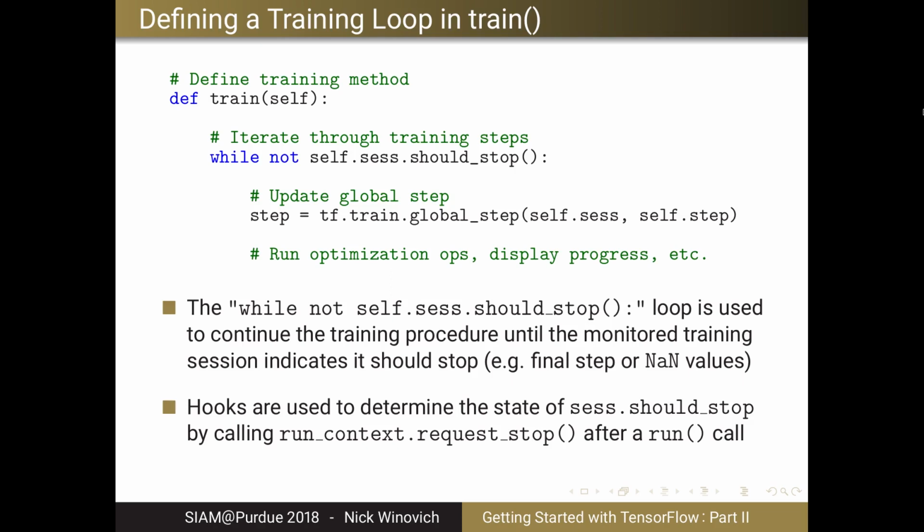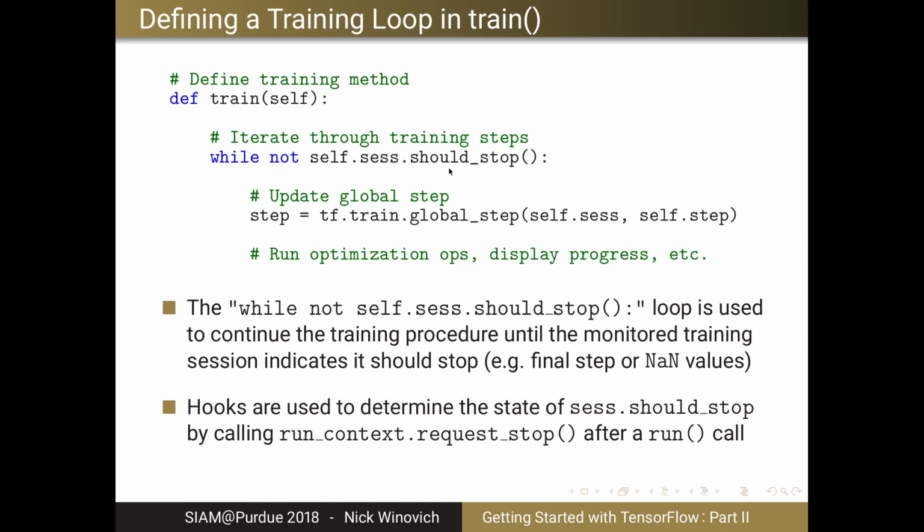As I mentioned before, we have this hook that tells us we need to stop after a certain number of steps. The way we use that as a cue to stop is that we iterate not using for n in range 0 to 1,000 or something. It's a little more natural. We say, while not self.sesh.should_stop.